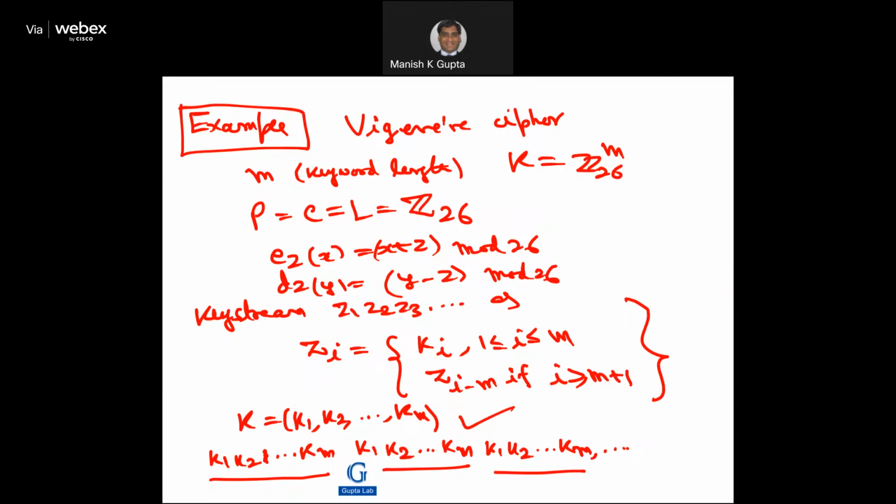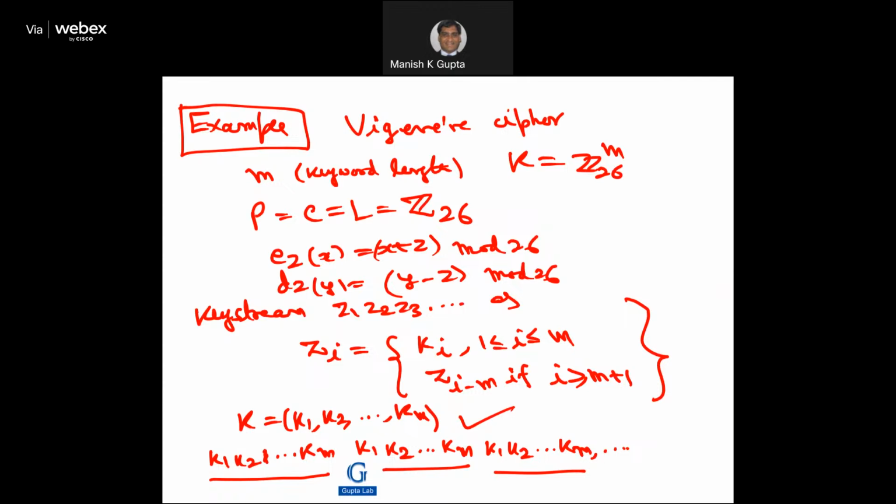If we define the key stream z1, z2, z3 as zi equal to ki from 1 up to m, then for the block of length m, the string is the same as k1, k2, k3, up to km. And if i is more than m, we are repeating the same thing, z of i minus m.